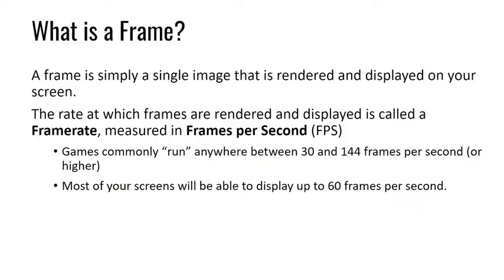So if your game runs at 60 frames per second, then every second there are 60 images that form, and that gives the illusion of a continuous action, I guess. But if your game lags, you'll notice that the FPS or frames per second might drop, and that might cause problems.